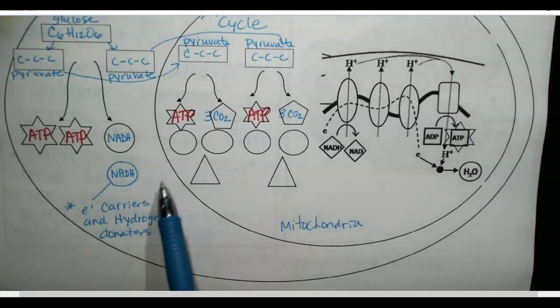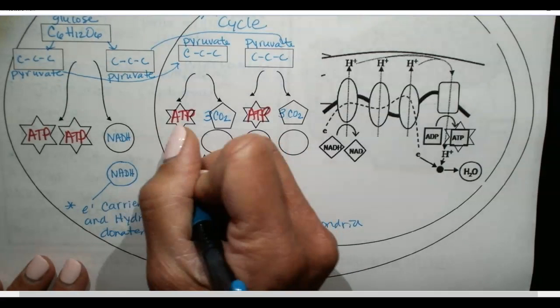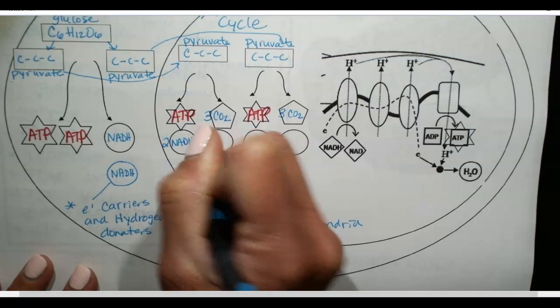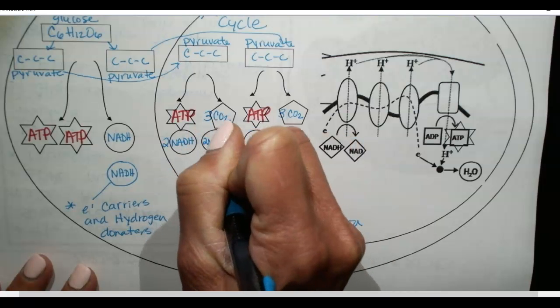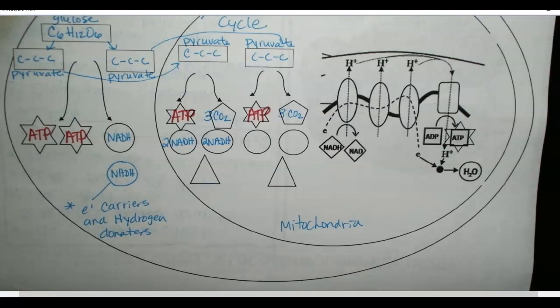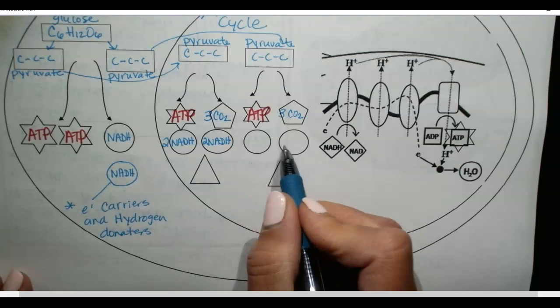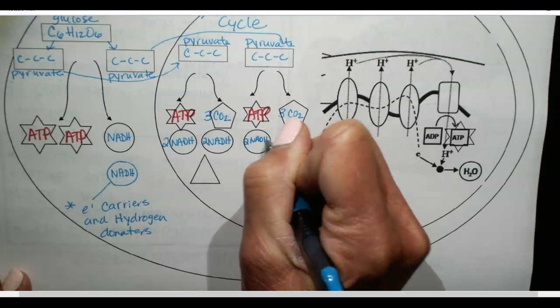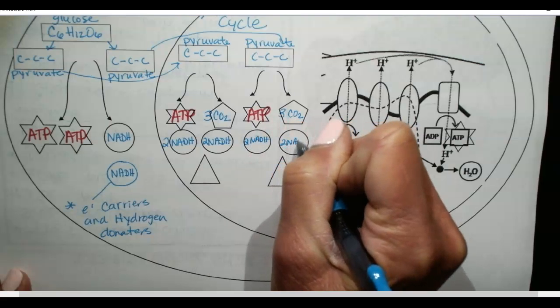Each pyruvate also makes a total of 4 NADH. So I'm going to put 2 NADH, 2 NADH. Again, more hydrogen donators and more electron carriers. So I'm going to do the same thing here. 2 NADH, 2 NADH.